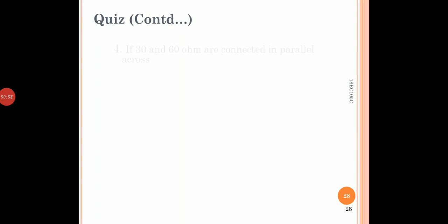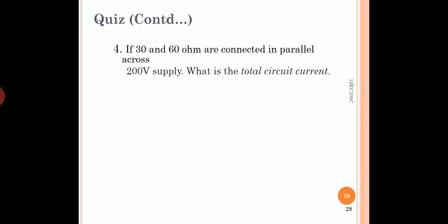Next one. If 30 and 60 ohm resistors are connected in parallel across a 200 volts supply, then what is the total circuit current? So here they are asking about the total circuit current, that we should remember.